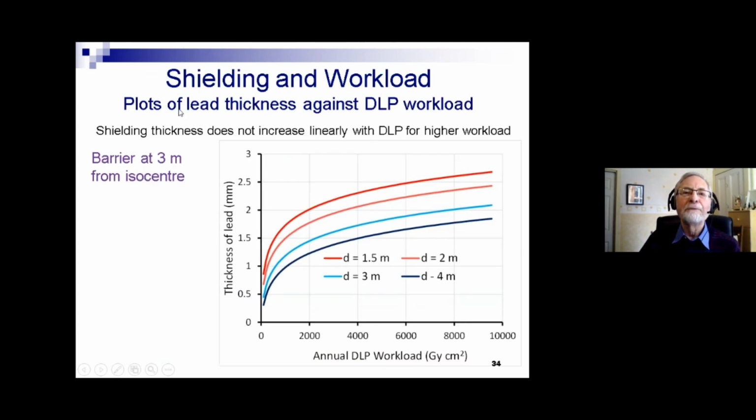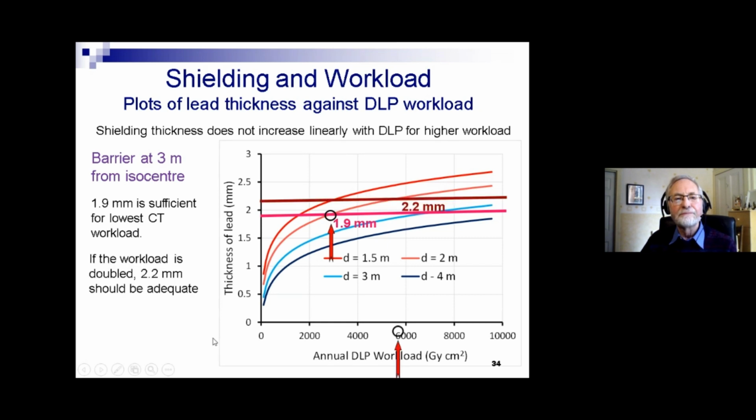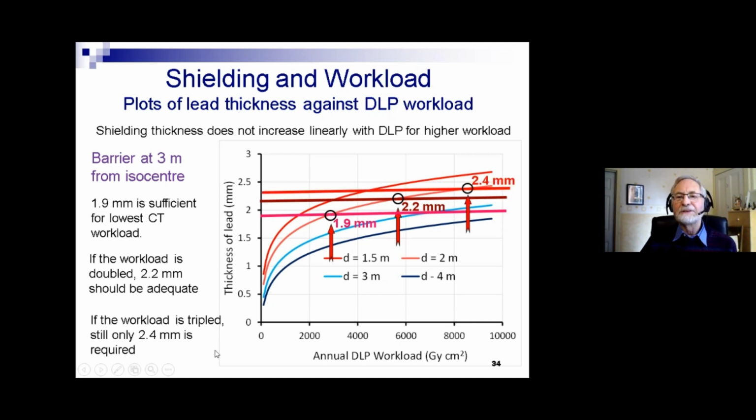If we look at plots of lead thickness against DLP, for a barrier at 3 meters from the isocenter, 1.9 millimeters is sufficient for the lowest CT workload. If the workload is doubled, we need 2.2 millimeters. If it's tripled, we need 2.4 millimeters.